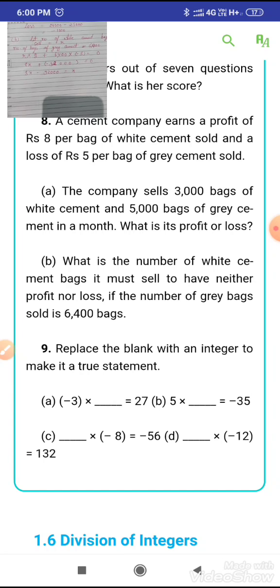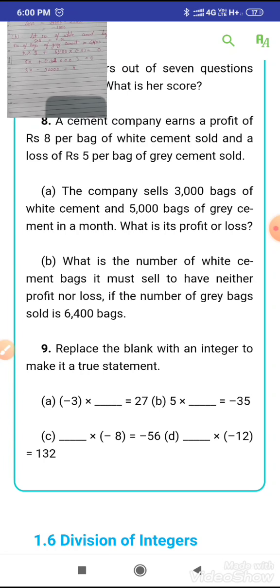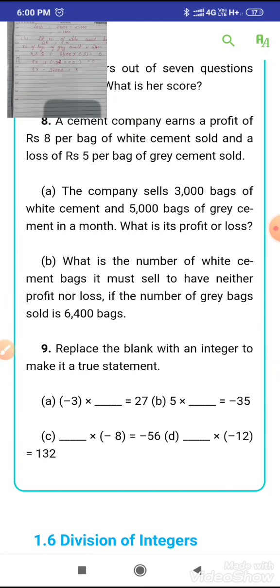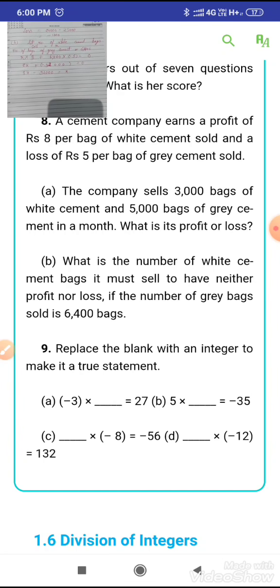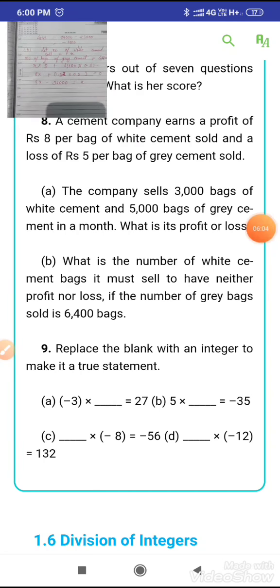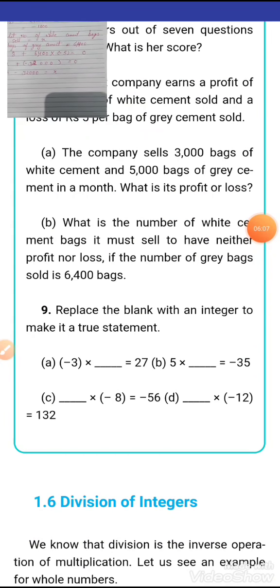The number of bags of grey cement sold is equal to 6400. Here one condition is given: we have neither profit nor loss.